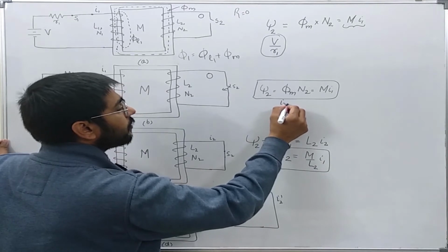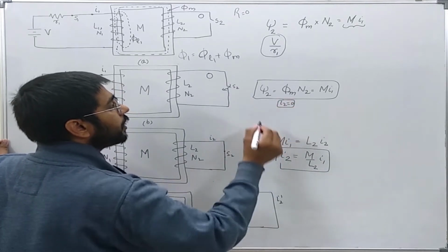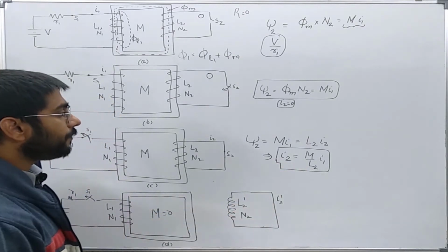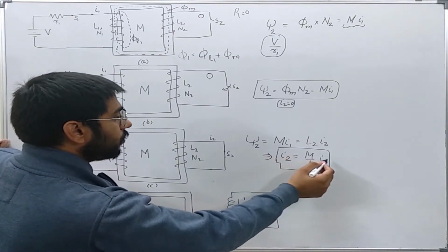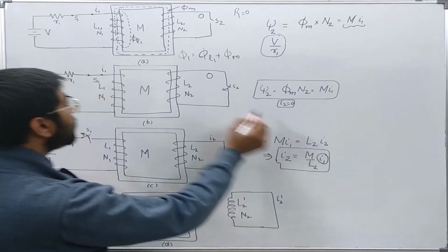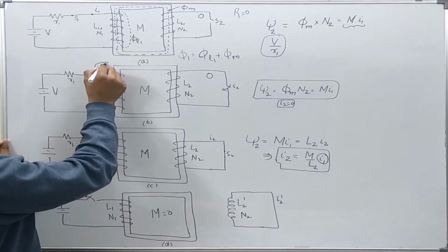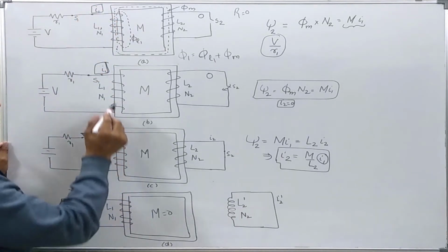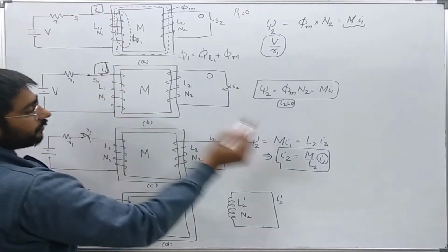Here I2 will be equal to 0. Here it is I2 is equal to M over L2 into I1, where I1 is the value of this current or this current. This is the same in both cases. Okay, so I1 will be this value.